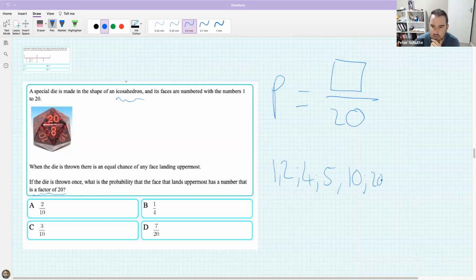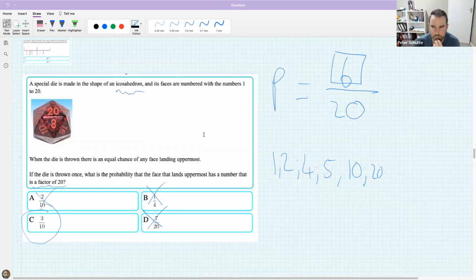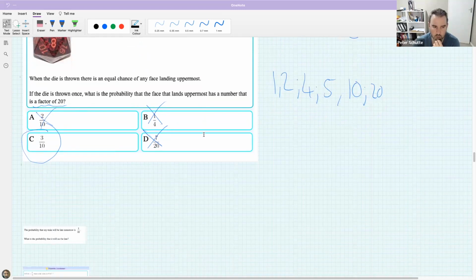And then 20. 2, 3, 6. So it feels to me like the answer is going to be 6 out of 20. And in that case, which option is going to fit that? Well, it's not D, it's not B, it's not A, and then 3 out of 10 is the same as 6 out of 20. So it should be C, which, judging by what I'm seeing in the chat, looks good. Okay, all good, all good.